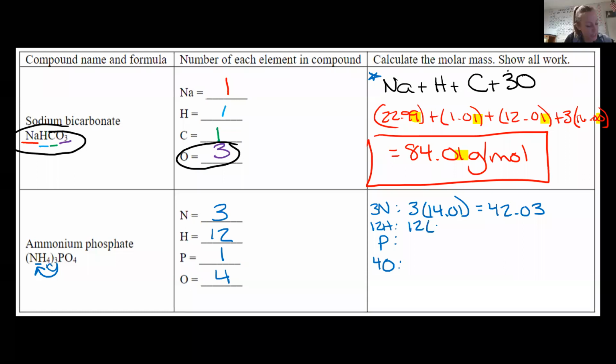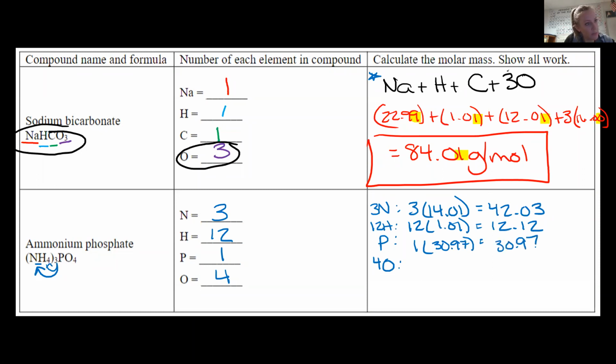We have 12 times 1.01. So that's going to be 12.12. And then we have 1 times 30.97, which is also from the periodic table, which is 30.97 because it was multiplied by itself. And then we have 4 times 16.00. So that's going to be 64.00.